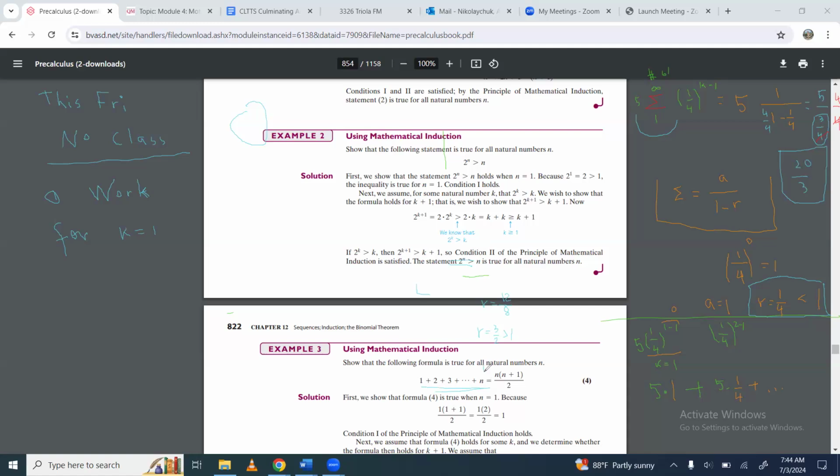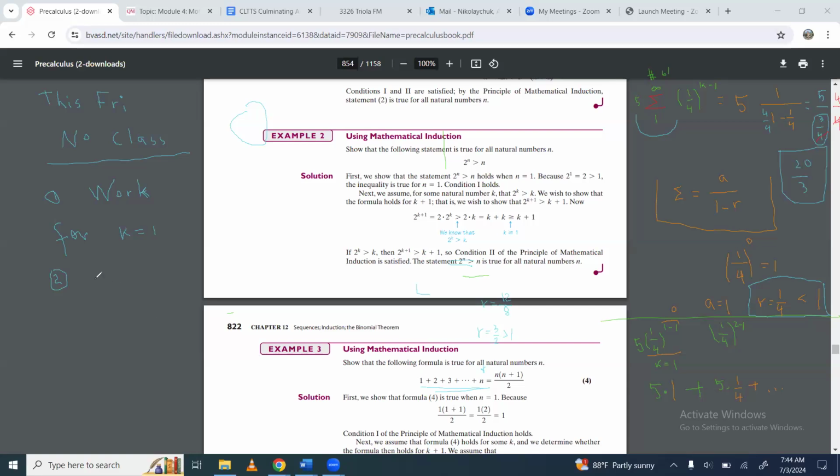So that's the ending place. But k is not n. k could be 2, 3, 4, 5. So it is different. n is the last one. And to check if it works for 1 is not hard. You just look at the first element and it's in front of you.